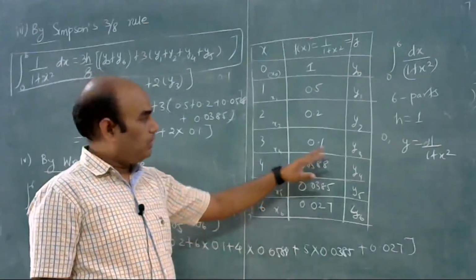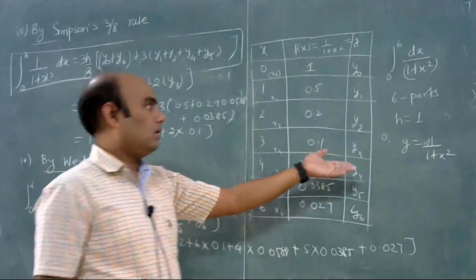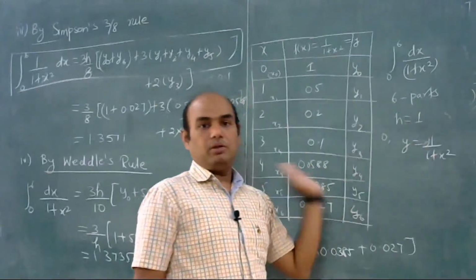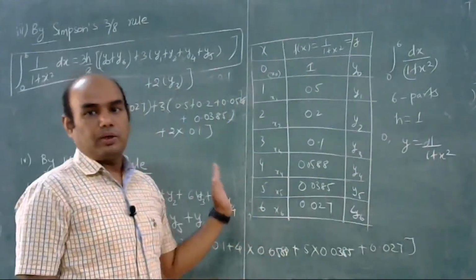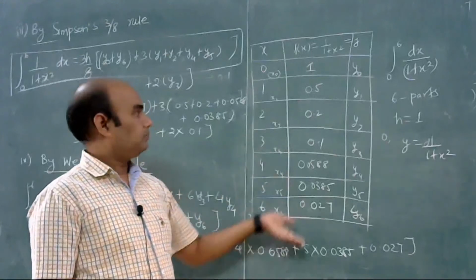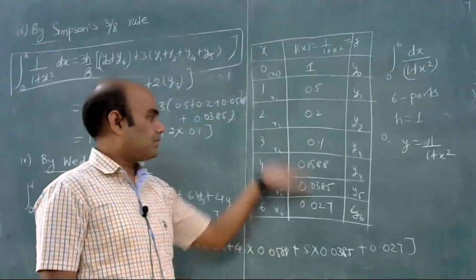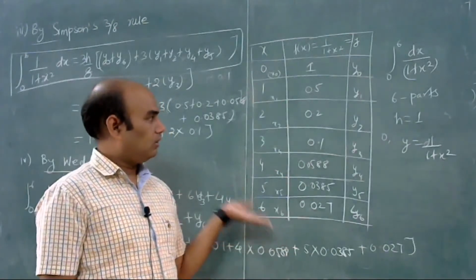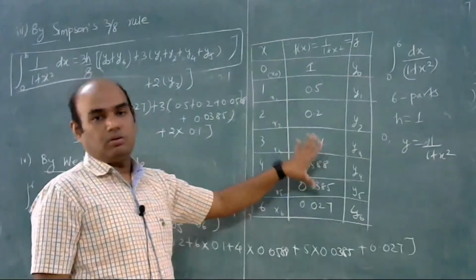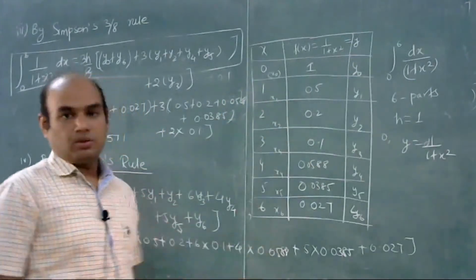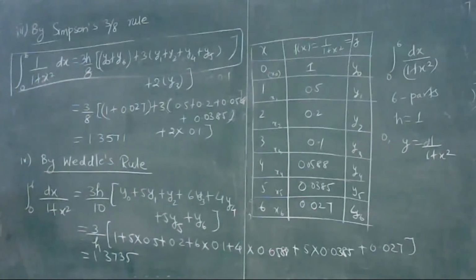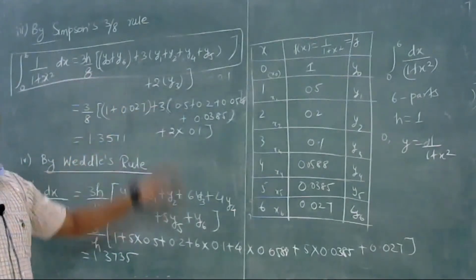Although if you take more parts, the answer will be more accurate, to avoid this tedious calculation we go with this type of division of the parts. At the end, you have to remember this formula.